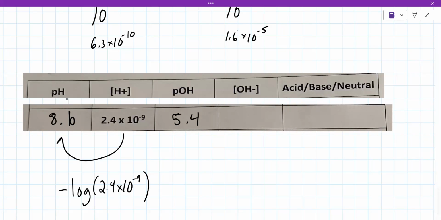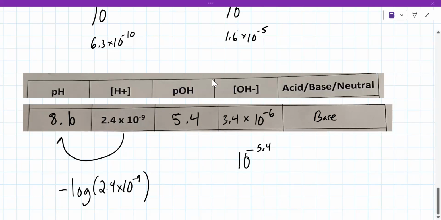And then to go to the OH minus, it's 10 to the minus 5.4. 3.4 times 10 to the negative 6. Okay, good. And is this an acid or a base? It is a base. I agree.